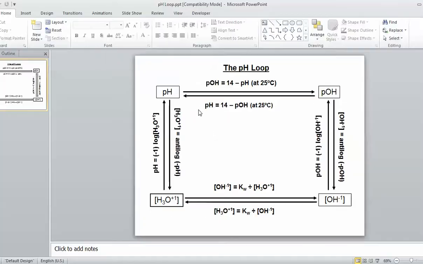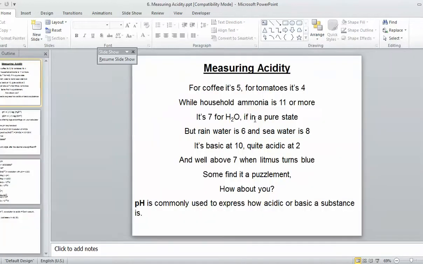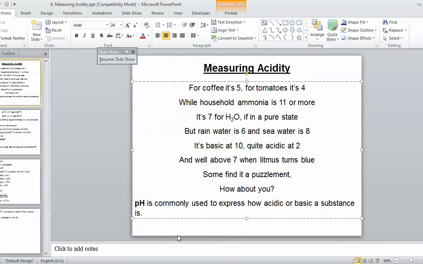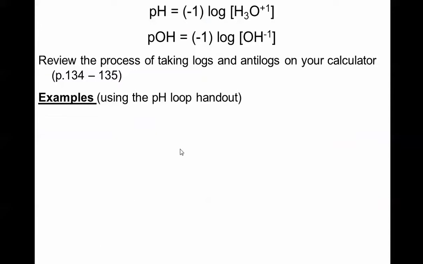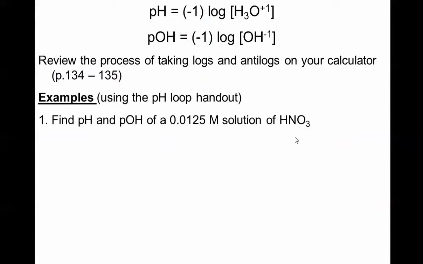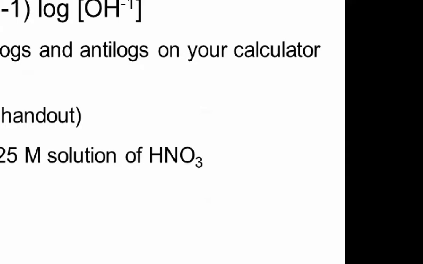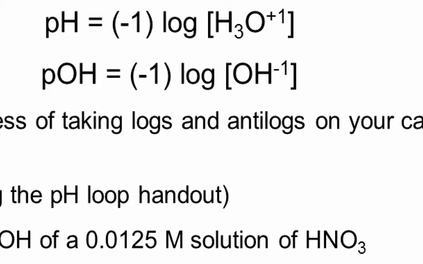Okay, so take a look at that pH loop scale. I'm just going to close that and get back to where we were. What we're going to do is find the pOH and pH of a 0.5 molar solution of HNO3. Notice that it does not give us the concentration of OH whatsoever, so to find the pOH, according to these equations up here, we're going to need to know the concentration of OH.